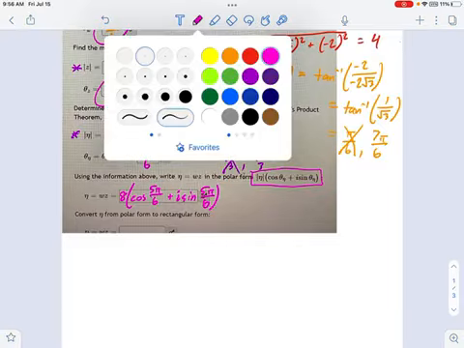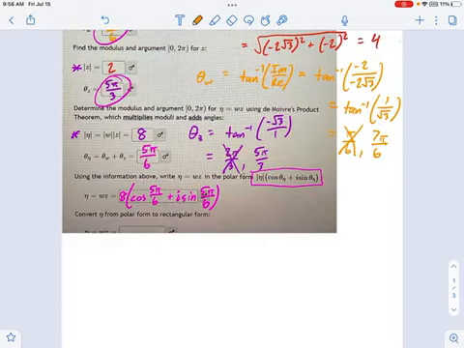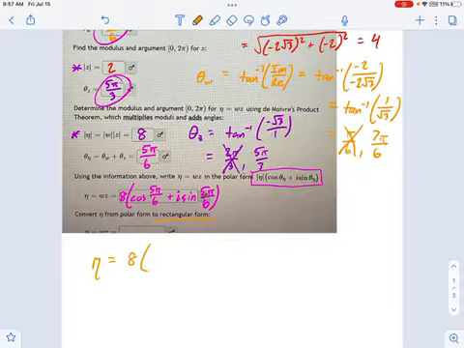One last step here. Let's go back to orange. I want to convert this to rectangular form. So all I do is I say, no problem, here's eta equals 8 times, what's the cosine of 5 pi over 6? That's going to be negative radical 3 over 2.